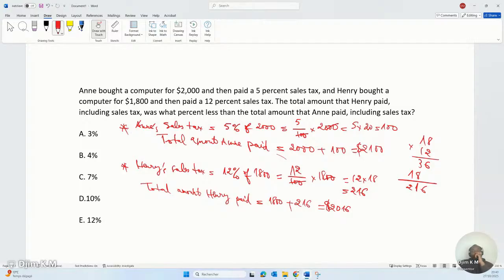So we have the total amount that Henry paid.